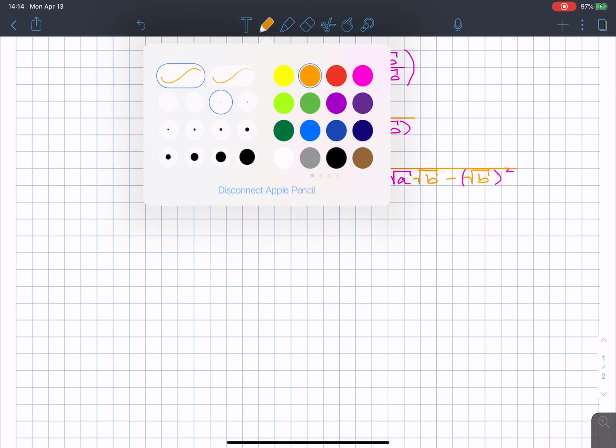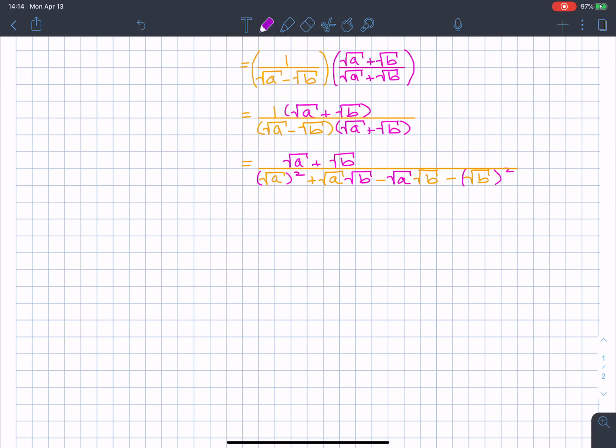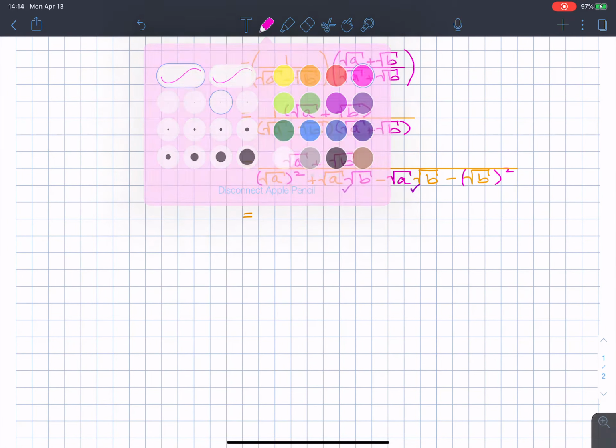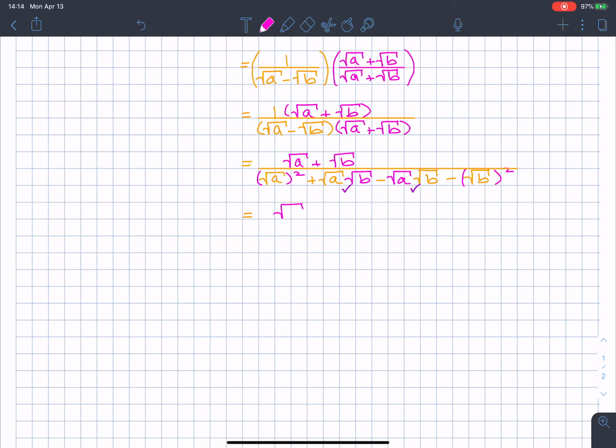So what do we have here? We have that plus square root of a, square root of b, and minus square root of a, square root of b goes away. So in the numerator, we still have the square root of a plus the square root of b.